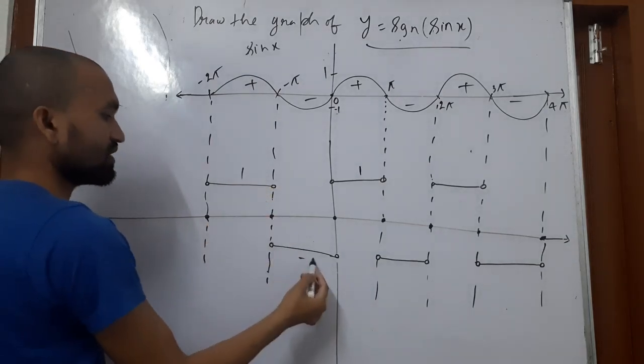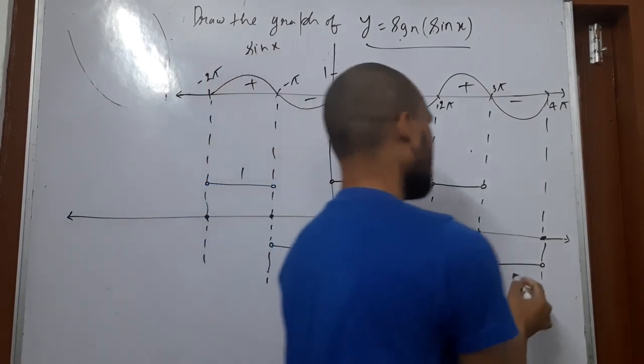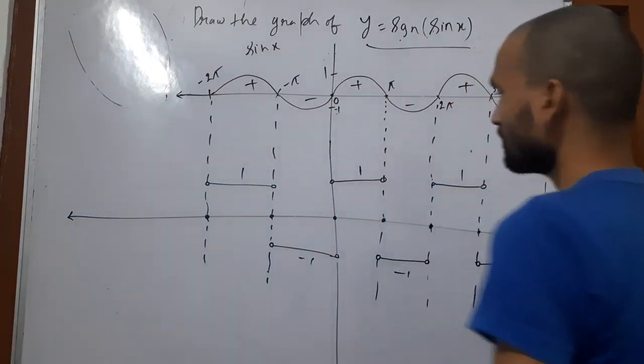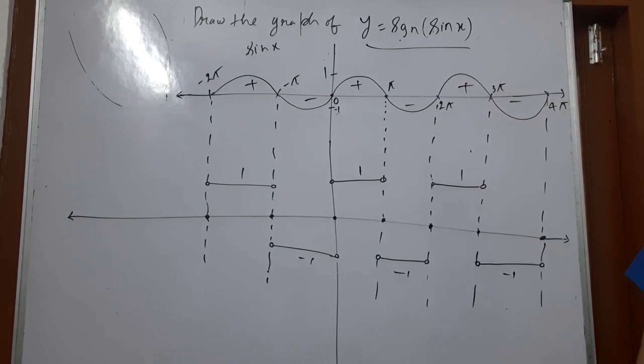This is 1, this is minus 1, this is minus 1, this is minus 1, this is 1. Okay, so easily we have drawn the graph of y equal to signum of sin x.